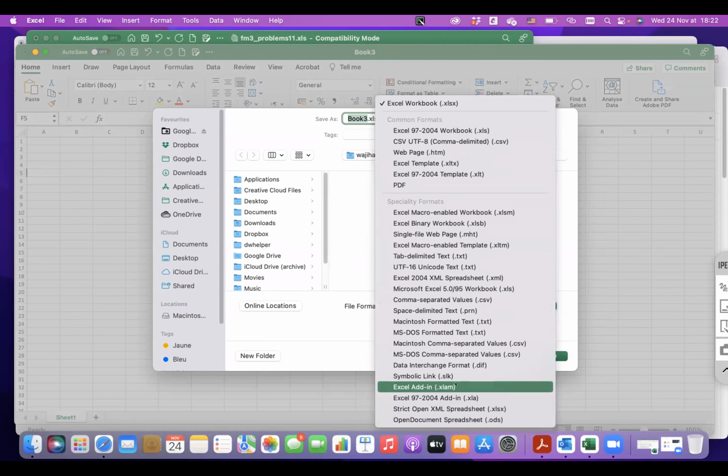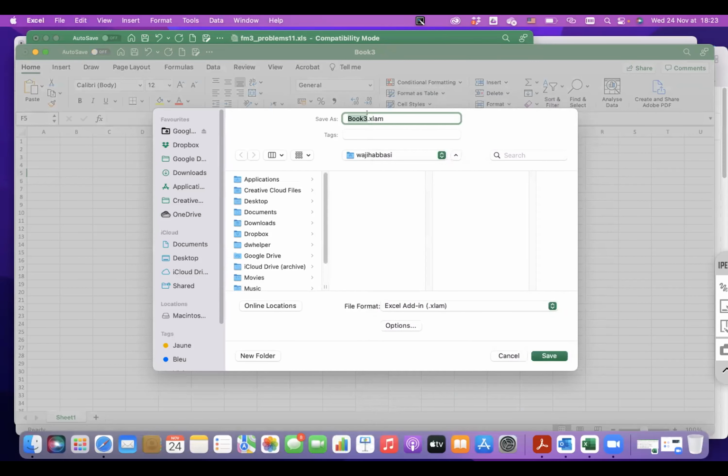So can I close Microsoft Visual Basic? Yes. Now save your Excel file. Now the format is Excel add-in, .xlam. Then rename it.